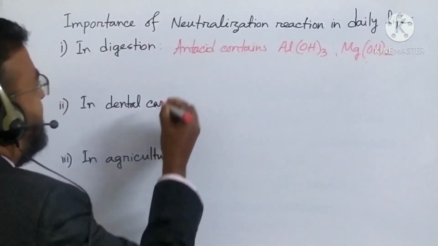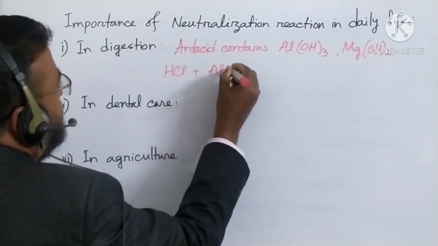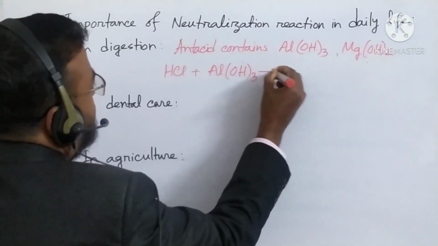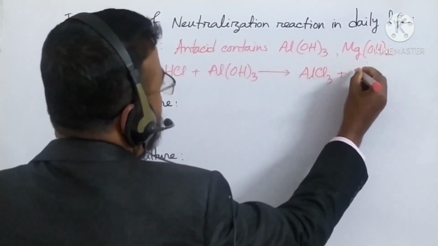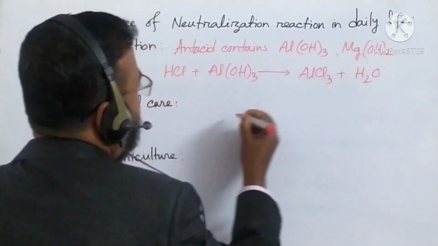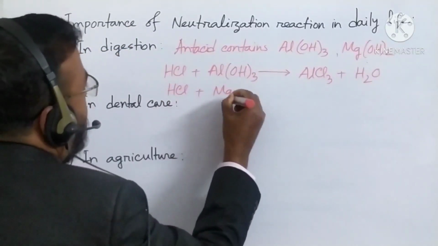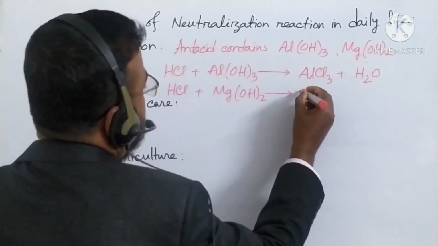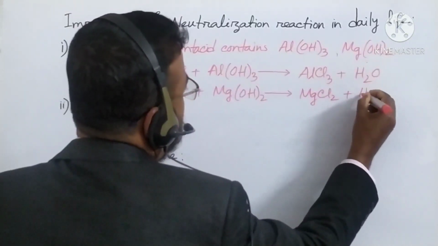These two are bases, so they react with acid to produce aluminum chloride and water. And again hydrochloric acid plus magnesium hydroxide, it will be magnesium chloride plus water.